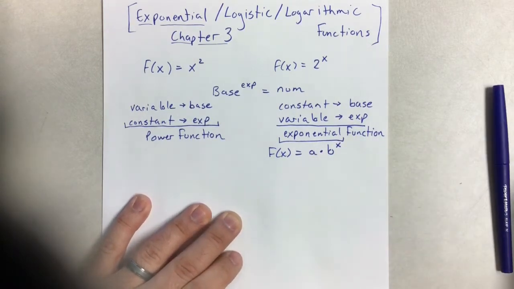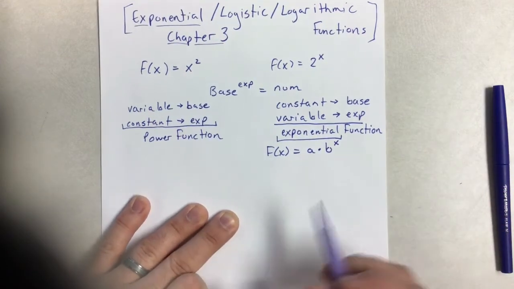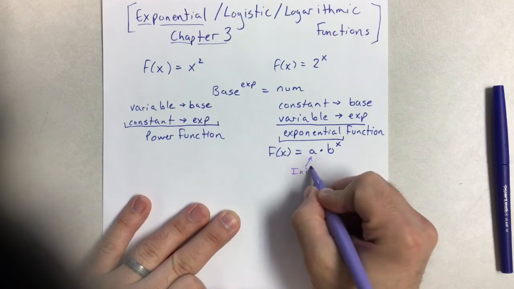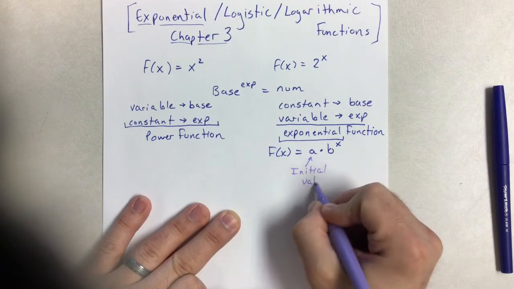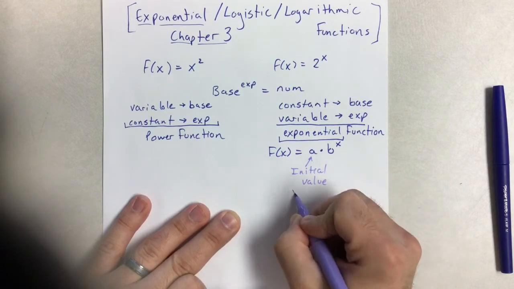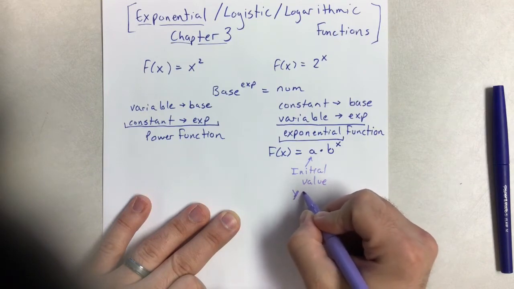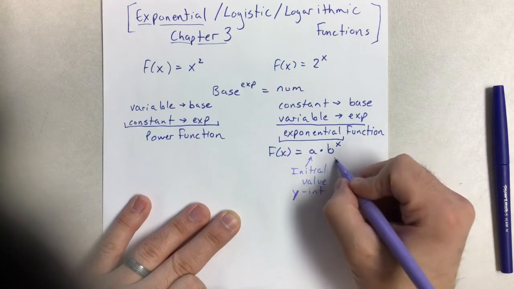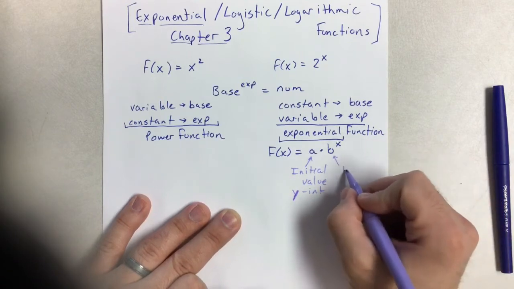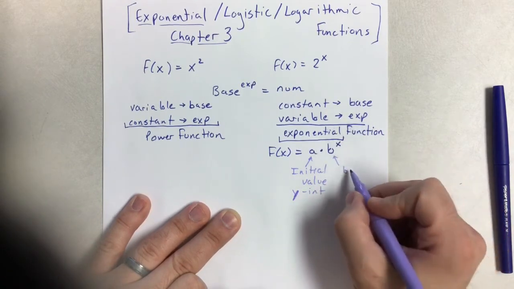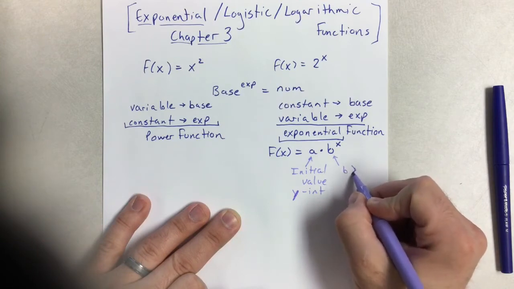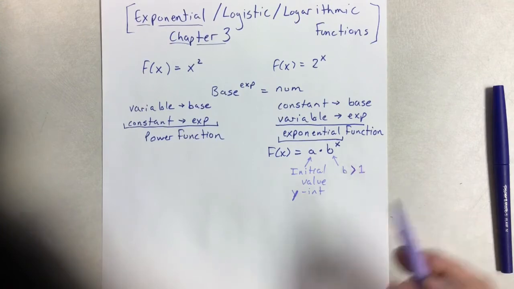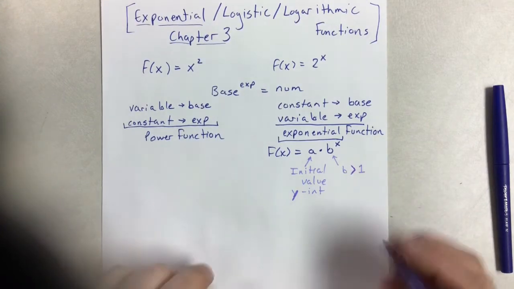And when we try to understand this form, a we would consider to be the initial value, which, in other words, is the y-intercept when examining the graph. And then the b for exponential functions, b will often be greater than 1. There is a circumstance where it's less than 1, but we'll examine that at another time.